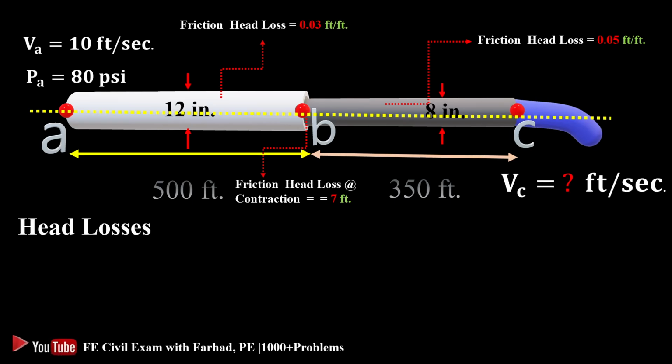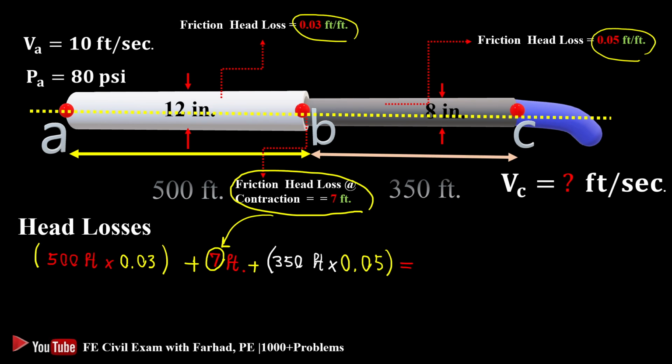So let's have a closer look at how we can calculate our head loss. For the first part, we have the length of our first pipe times the friction head loss coefficient of 3%. That's that length times that coefficient, plus the contraction, plus the same terms for the second pipe, 350 feet times 5%.